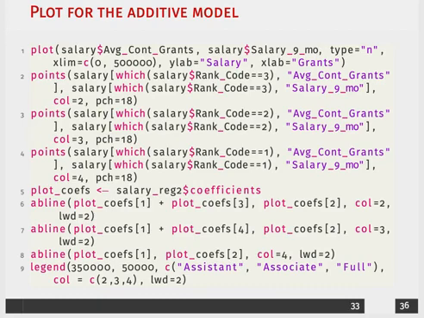Then when we get to 5, I'm just taking out the estimated coefficients from our regression, and from line 6 through 8, I'm creating 3 separate regression lines using the coefficients for associate, assistant, and then for full, there would be no coefficients, right? It would just be the intercept beta naught plus the estimated coefficient for grants times the value of x, right? And so at the end, I'm just plotting a legend so that you can distinguish between the three lines.